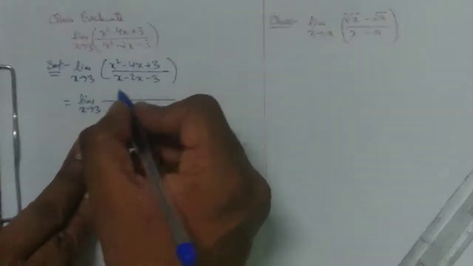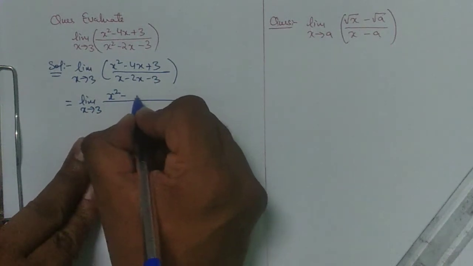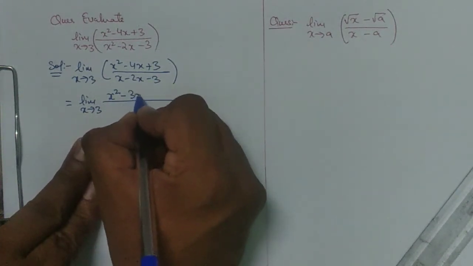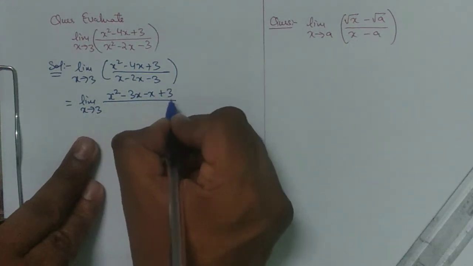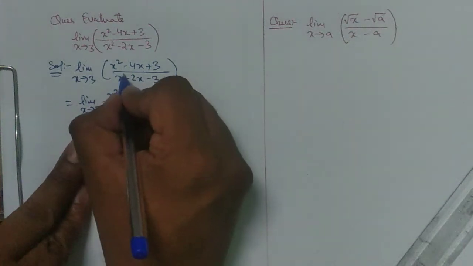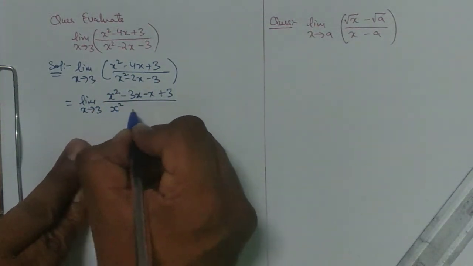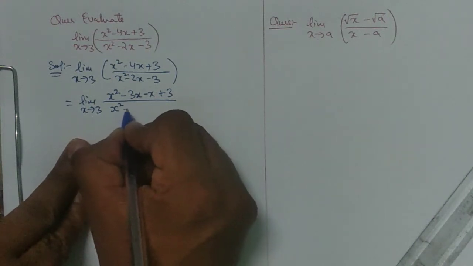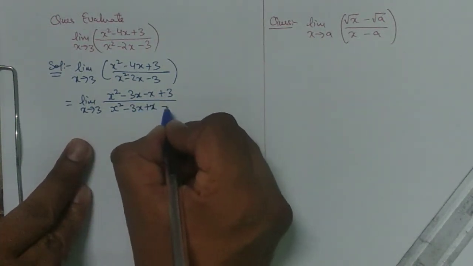In the numerator, I can write it like this: x square minus 3x minus x plus 3, right? And you can see the denominator part. In the denominator, I can write it like this: x square minus 3x plus x minus 3.